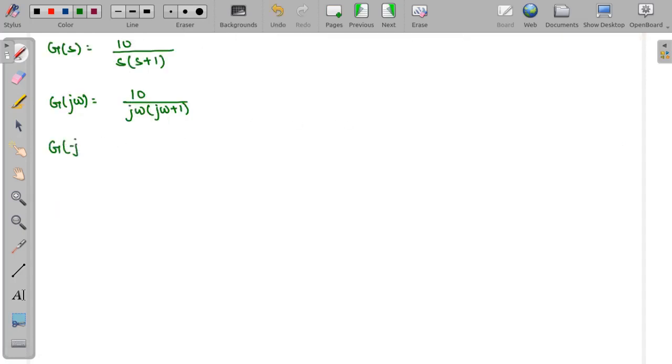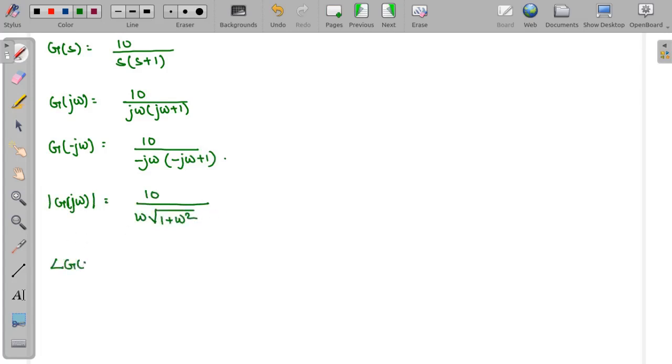So G of minus j omega, this will be equal to 10 divided by minus j omega plus 1. So magnitude will remain the same that we have seen before, 10 by omega under root of 1 plus omega square, and phase will be equal to, so take care of the phase. So this angle minus j omega, this will be minus 90. When it goes in the numerator, it will be plus 90.